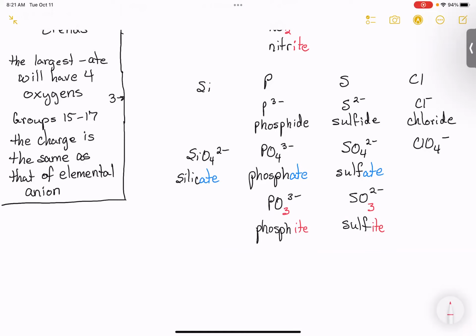And therefore arsenic's going to behave just like phosphorus, selenium and tellurium are going to behave just like sulfur. That's going to reduce your memory work if you know that concept, those trends. Because otherwise you've got about 88 polyatomic ions to memorize.